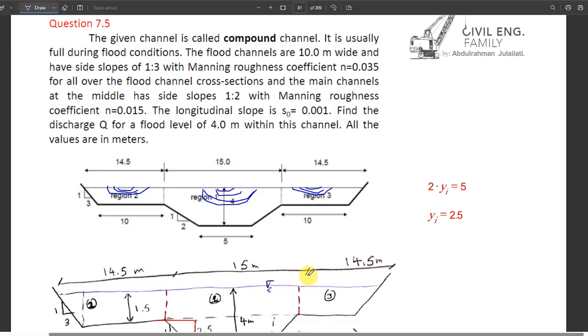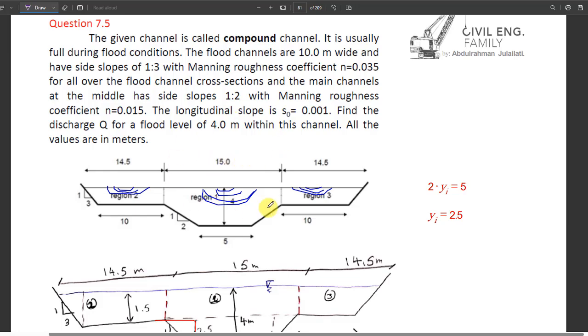And the main channel in the middle has side slopes of 1 to 2, yes, that is the one here in the middle, this one and this one, 1 to 2, with Manning roughness coefficient N equals 0.015. The longitudinal slope is 0.001. Find the discharge Q for a flood level of 4 meters within this channel. All the values are in meters.